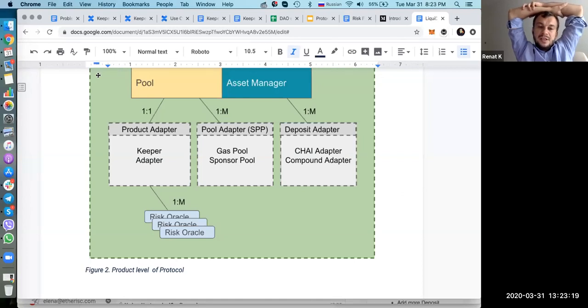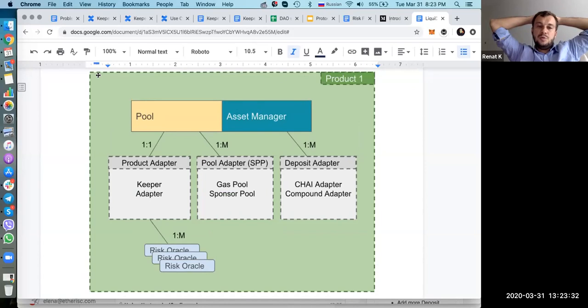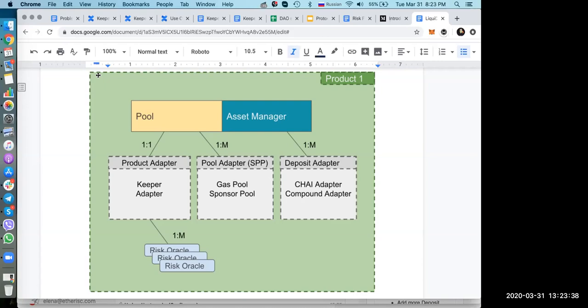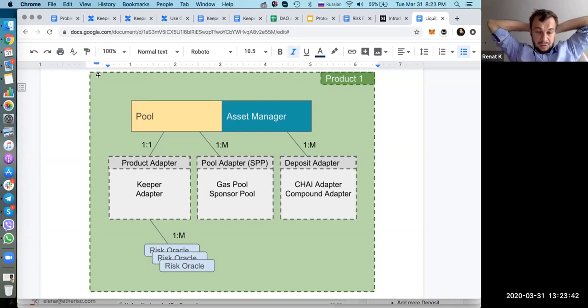Let's say there is a keeper pool deploying a strategy, right? Actually, I have two questions. Question number one, is it one strategy per pool or multiple strategies per pool? Now, let's address that first, because that will clear up things a bit.